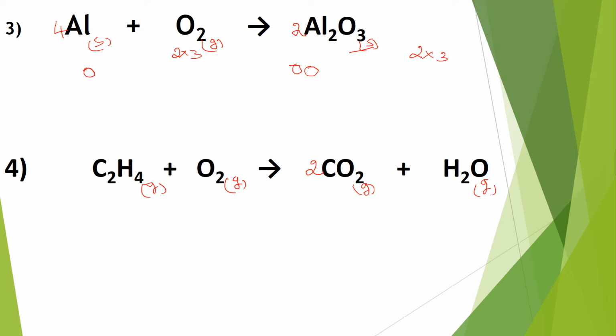Now oxygen. Look at the oxygen. Oxygen is 3 on the product side and 2 on the reactant side. So what I told you, you have to make it 6: 3O2, and here 2 into 2 is 4, and here again 2, so 2H2O. Hydrogen is 4, here also 4. Now it is balanced. Very easy to balance.